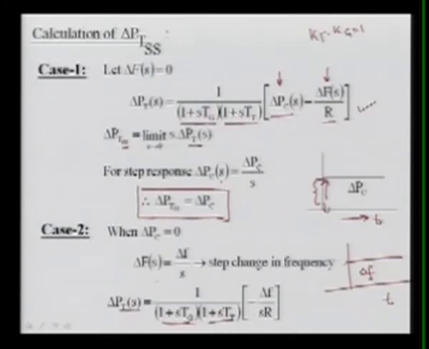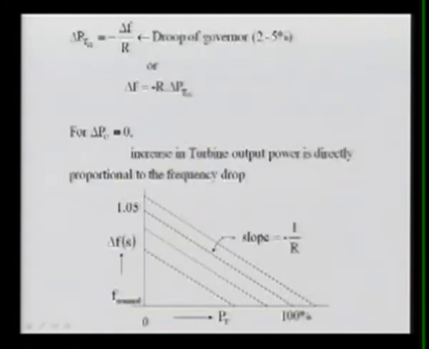So again using the final value theorem in the S domain, we can get this change in PTSS, which is nothing but limit S tends to 0 of S into change in PTS.